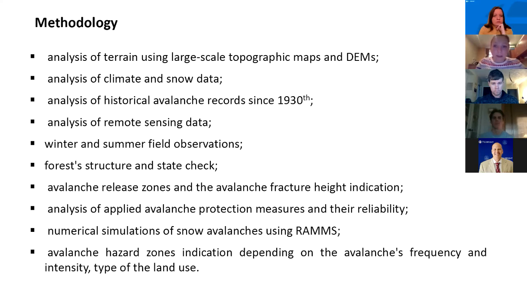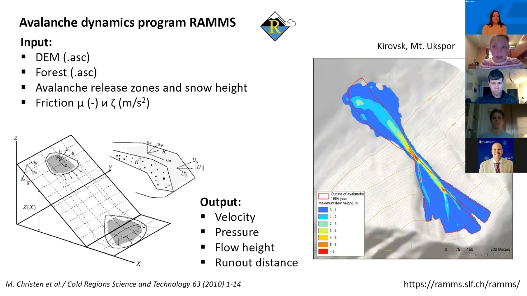Analysis of remote sensing data, winter and summer field observations, forest structure and state check, avalanche release zones and average fracture height indication. And another very important step was numerical simulations of snow avalanches using RAMMS. I will talk a little bit later about this. And as a result, we were able to make an avalanche hazard zoning plan.